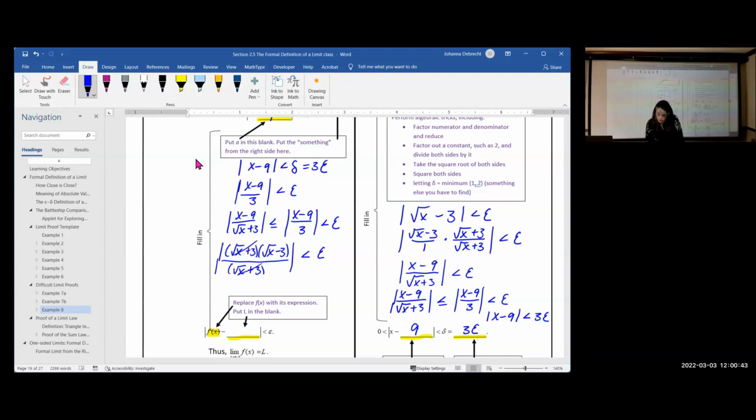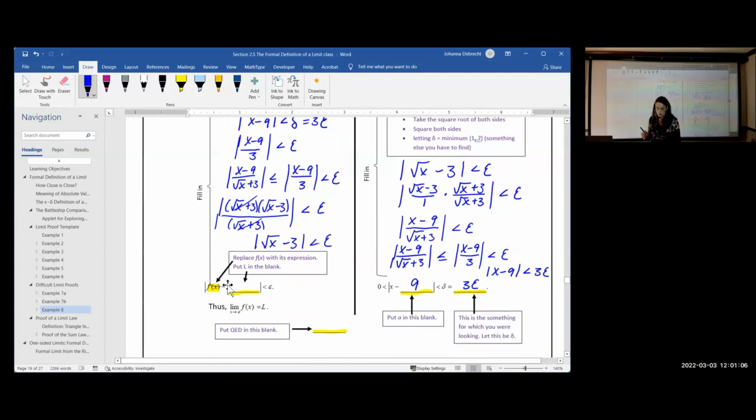We can cancel those, and that gives us our absolute value of f of x minus L less than epsilon, which is what we were trying to prove. We started with the absolute value of x minus a less than delta, and we showed through algebra and logic that we could reach the absolute value of f of x minus L less than epsilon.